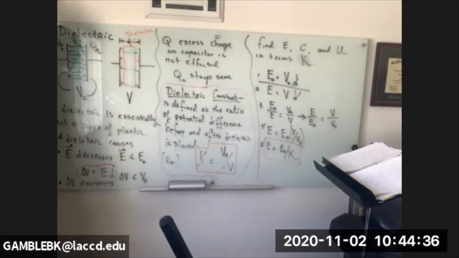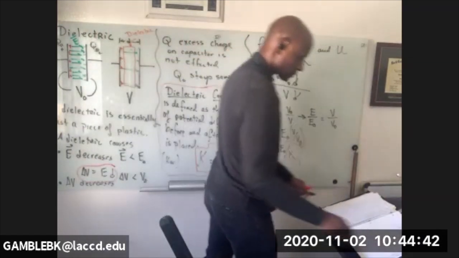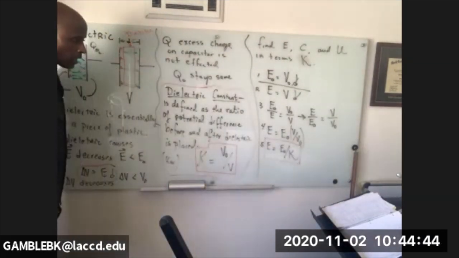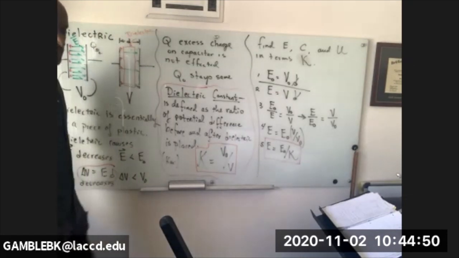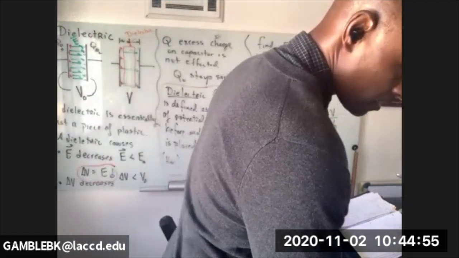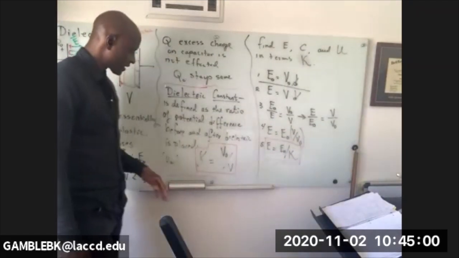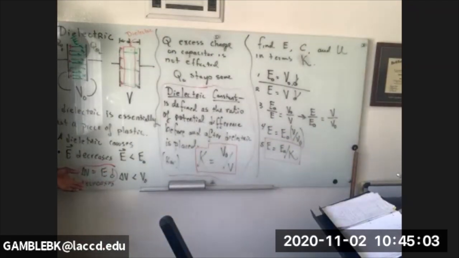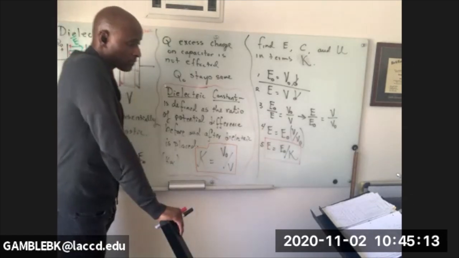So that's the kind of thing I'm getting at. Now that may be what you were trying to say, but do it in terms of the linear equations, right? This is not really a definition, but it's a relationship of delta V to E. But now you have a relationship between potential and capacitance.